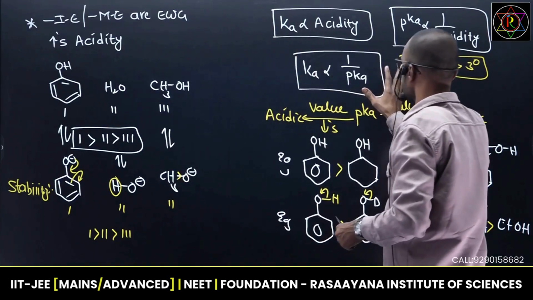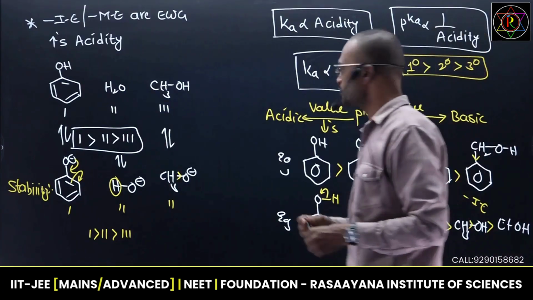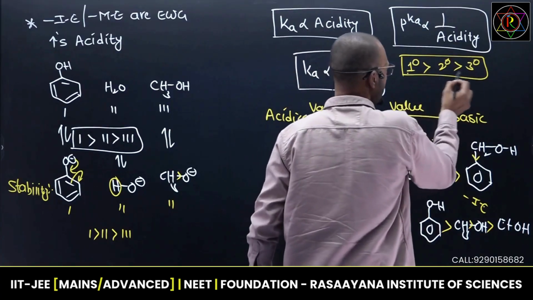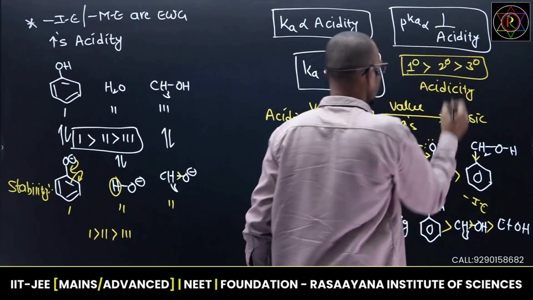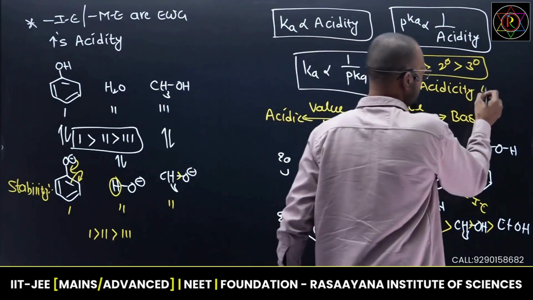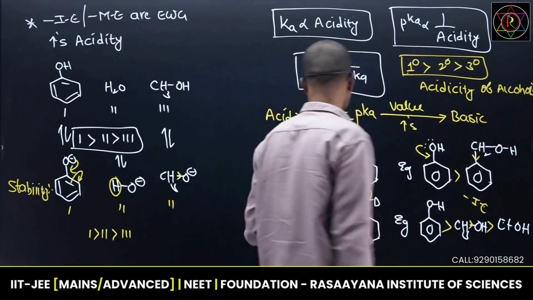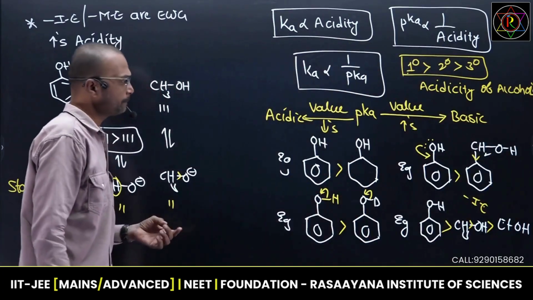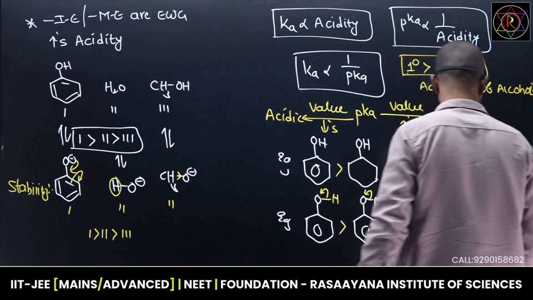These are the general terms of Ka and pKa regarding acidity, and the primary, secondary, tertiary alcohols acidity order. It is primary, secondary, tertiary, the acidity order of alcohols. Okay, so this is a general scale of pKa. Then rough examples are given regarding acidity of phenol.